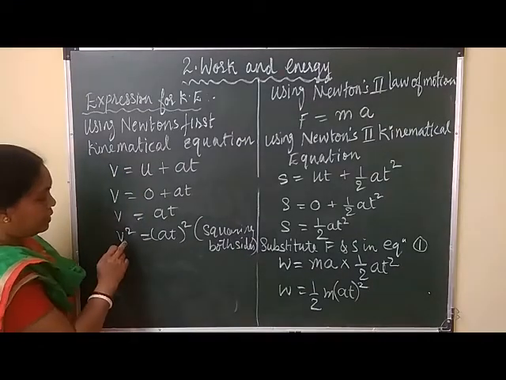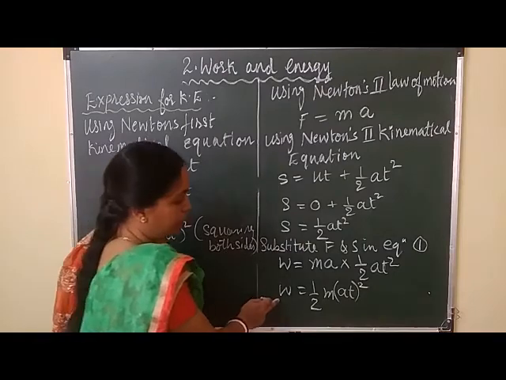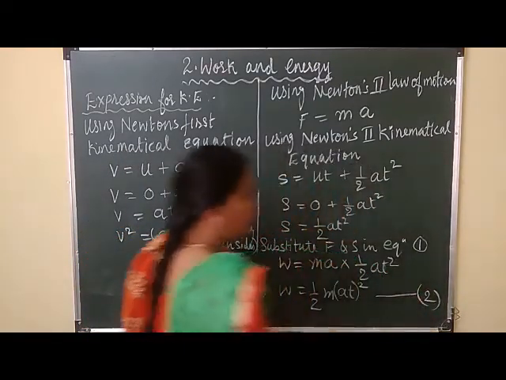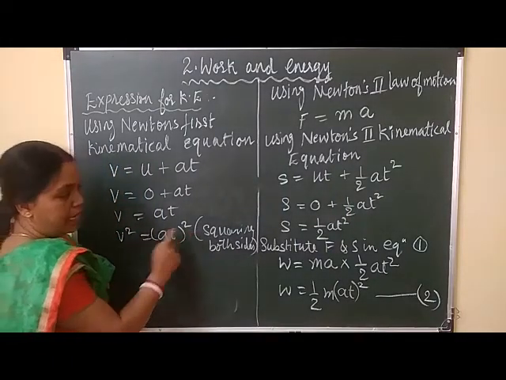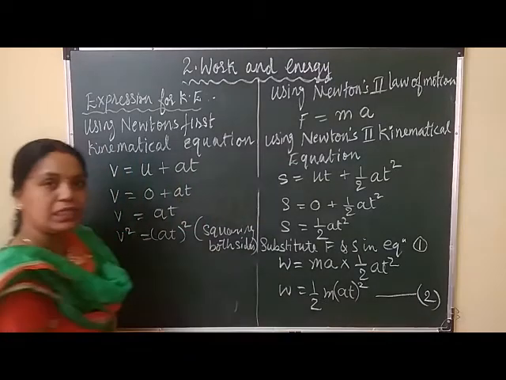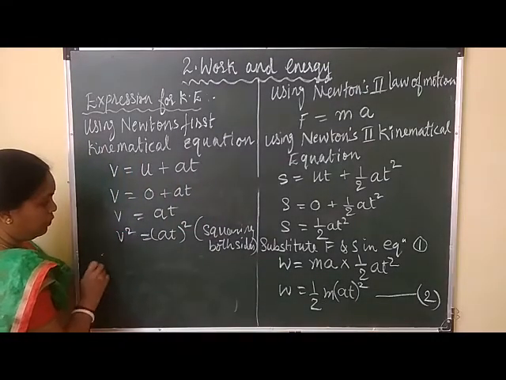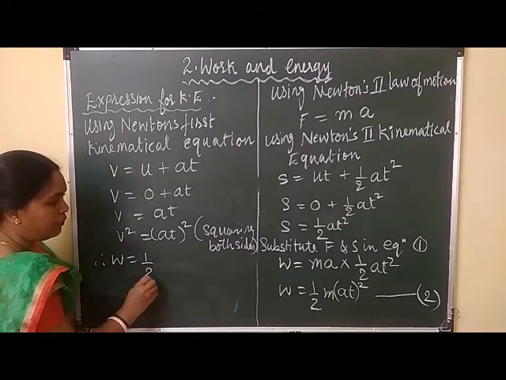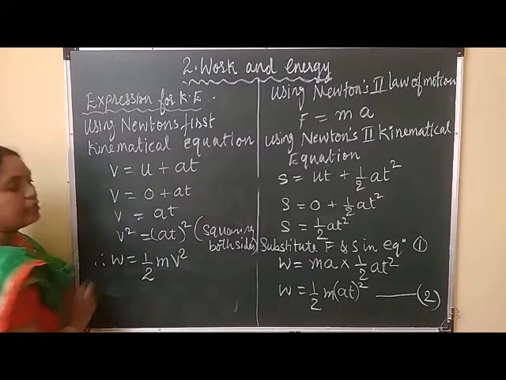Now you can substitute this in the previous equation here. Name this equation as 2. So substitute at square as v square in equation 2. We will get, therefore, work done is equal to half mv square.